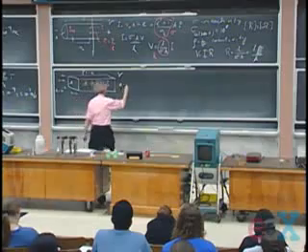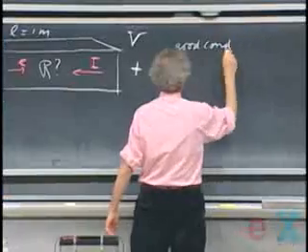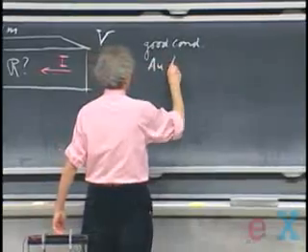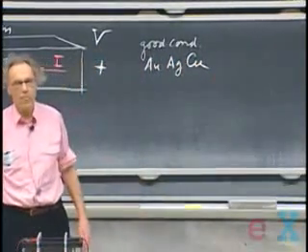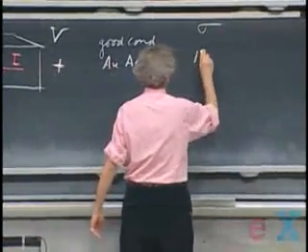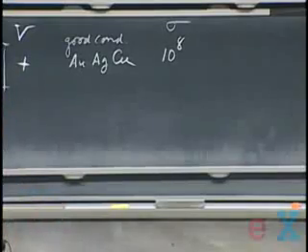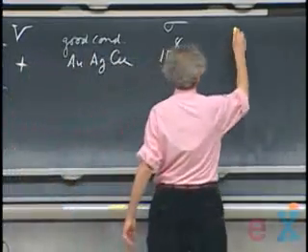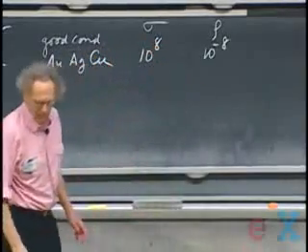So let's take first a good conductor. Silver and gold and copper are very good conductors. They would have values for sigma 10 to the 8, we just calculated for copper. You've seen it in front of your own eyes. So that means rho would be 10 to the minus 8. It's 1 over sigma.